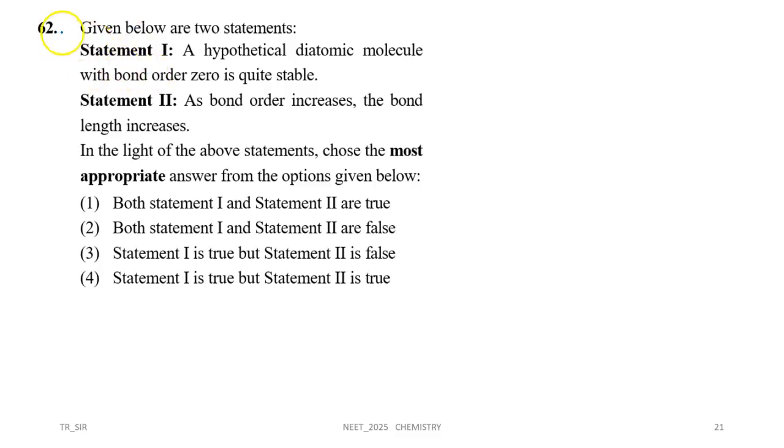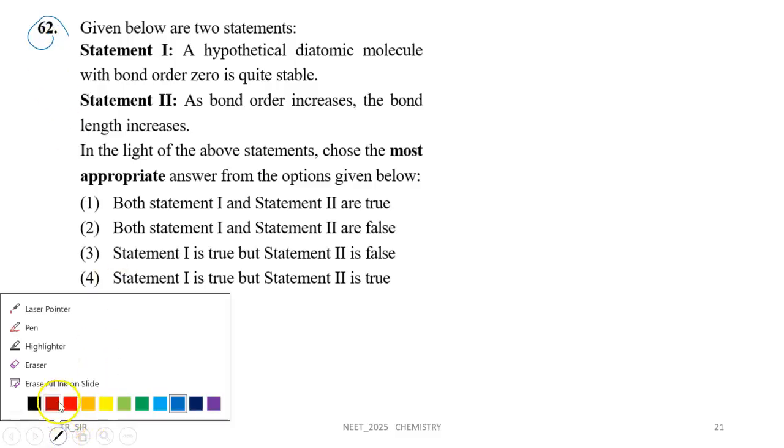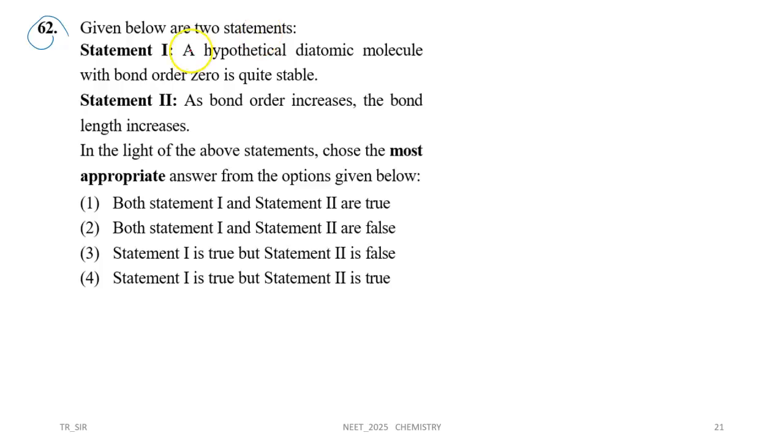In question 62, they have given two statements. Statement one: a hypothetical diatomic molecule with bond order 0 is quite stable. Guys, it is a foolish question; students get fooled. Any molecule should have a bond.